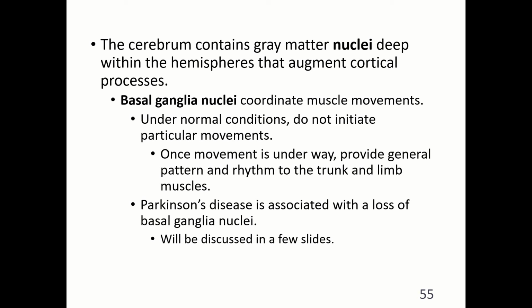Under normal conditions, the basal ganglia nuclei do not initiate particular movements. However, once movement is underway, the basal ganglia nuclei provide general pattern and rhythm to the trunk and limb muscles. Parkinson's disease is associated with a loss of basal ganglia nuclei. We will discuss Parkinson's disease in a few slides.